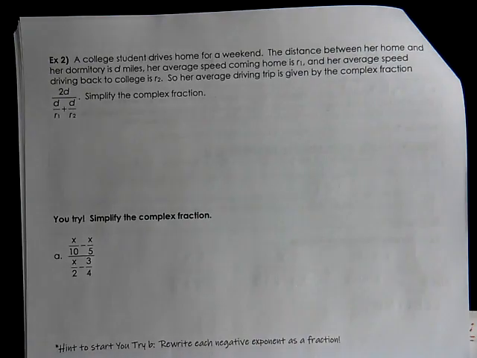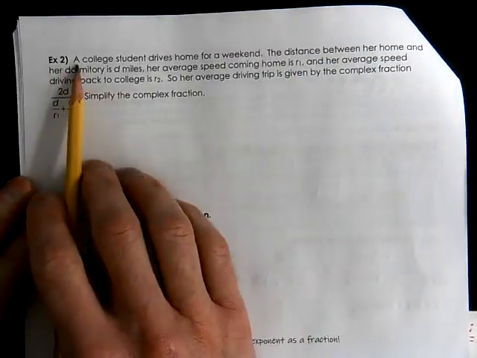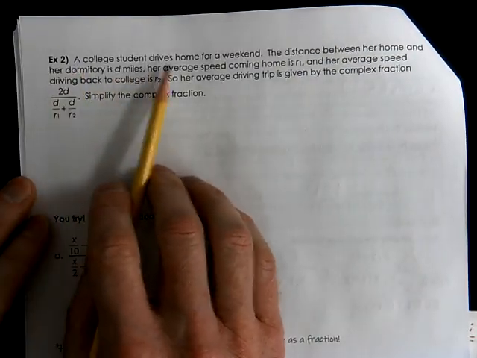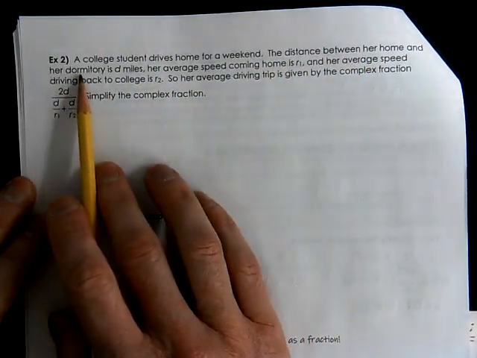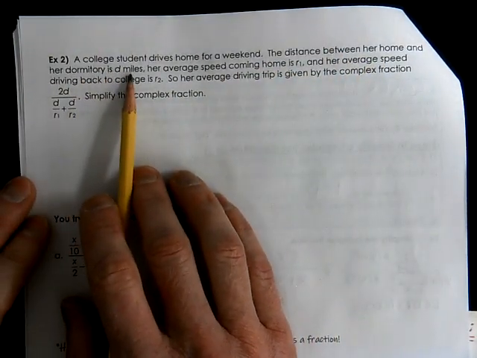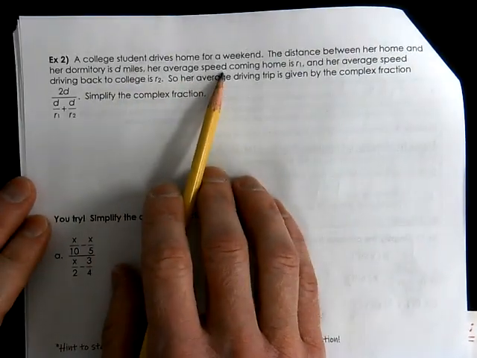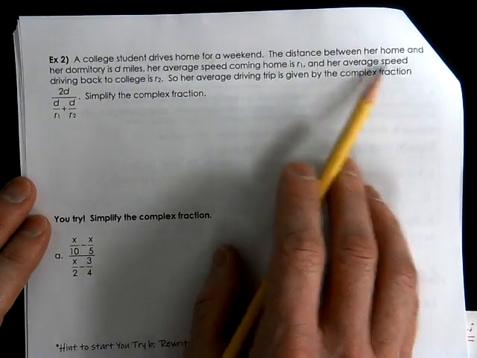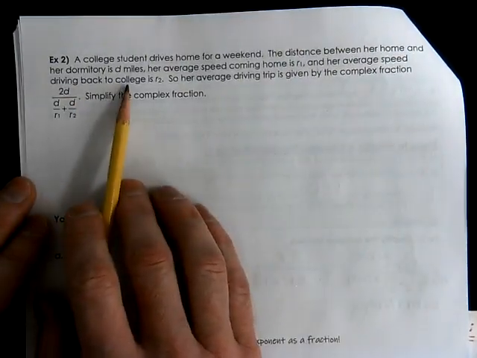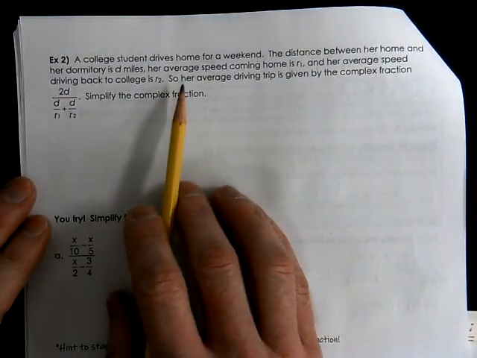Okay, here's a crazy story problem. A college student drives home for the weekend. The distance between her home and her dorm is D miles. Her average speed coming home is R1, and her average speed going back to school is R2.